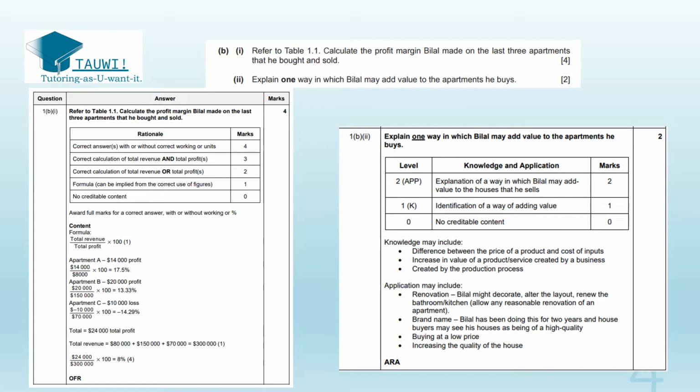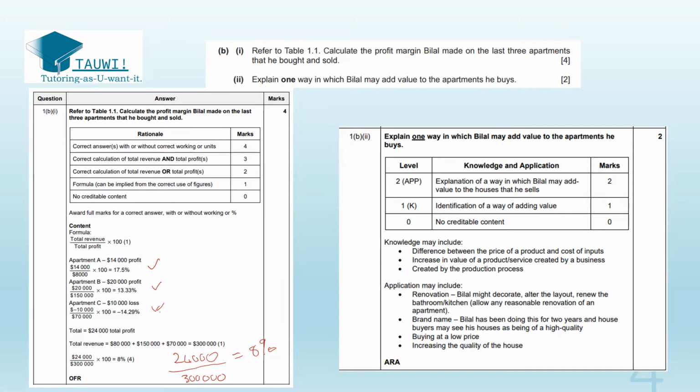You could have added up all of them and then got, that's the one I got, 24,000 divided by total sales of 300,000. You could have also calculated each one separately and then get the average of it. So his profit margin was 8%.